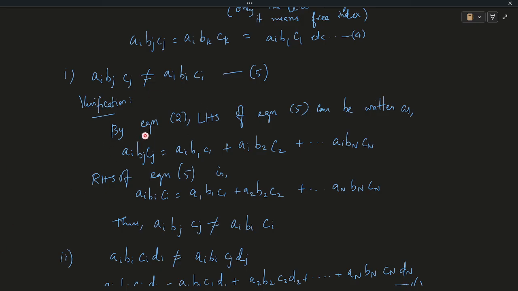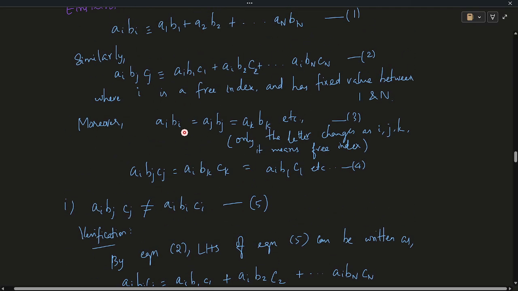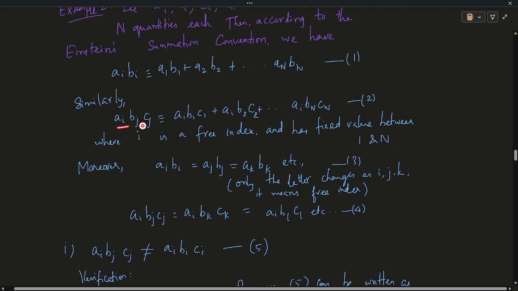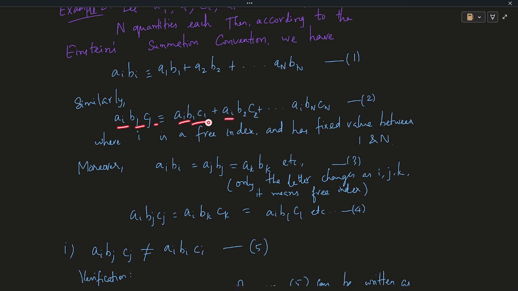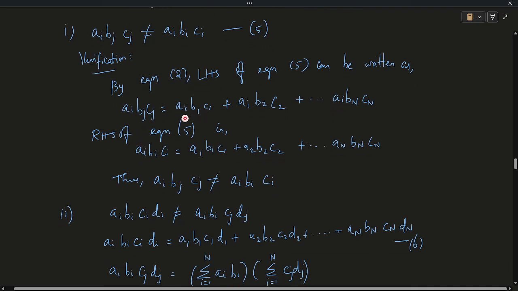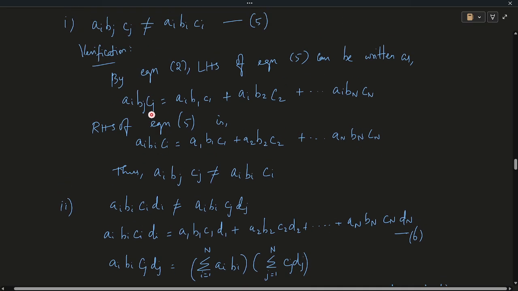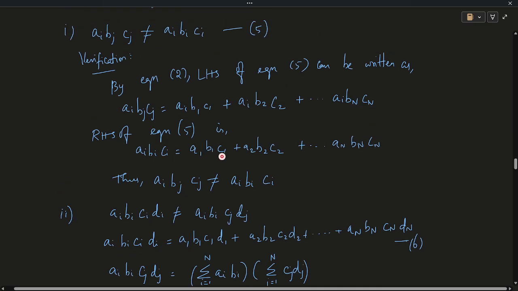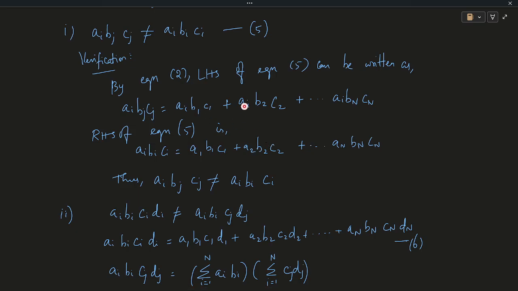Let us verify by equation 2, where we have written it this way. Ai Bj Cj means Ai is retained, whereas the other two terms vary. So Ai Bj Cj can be written as Ai B1 C1, Ai B2 C2, and so forth. Whereas Ai Bi Ci means all three terms vary simultaneously.